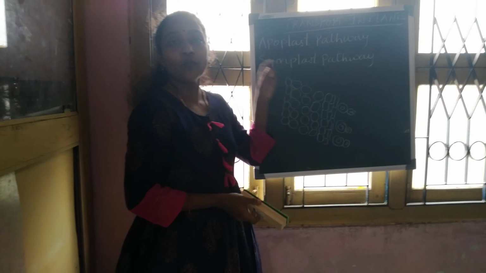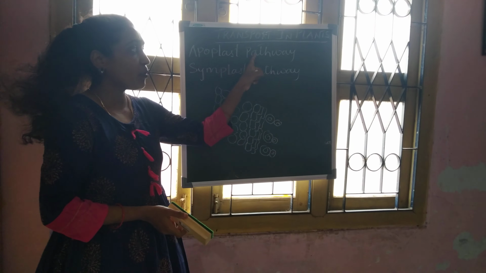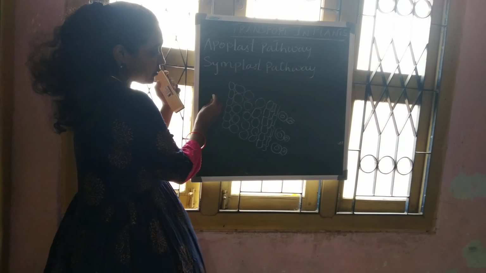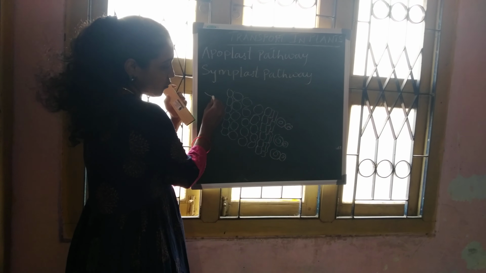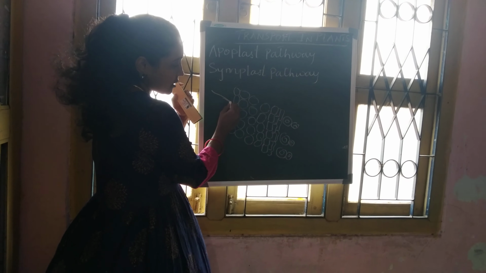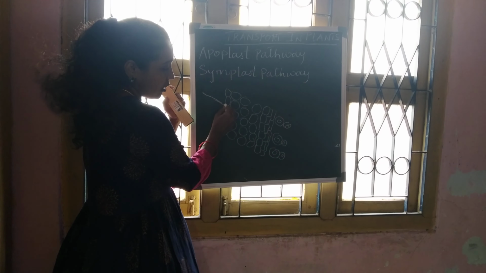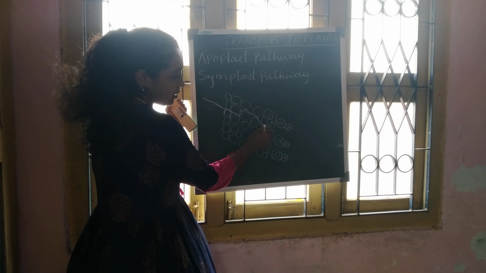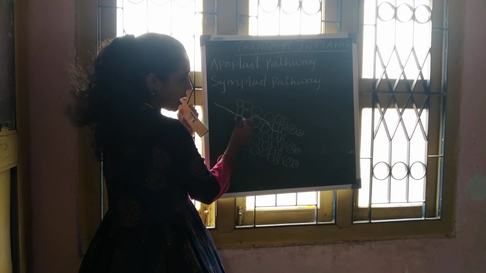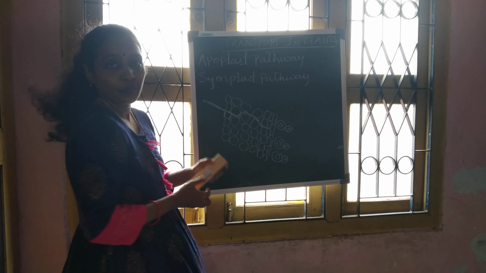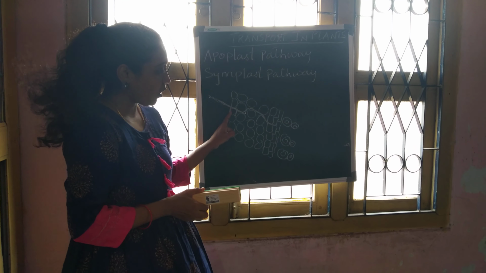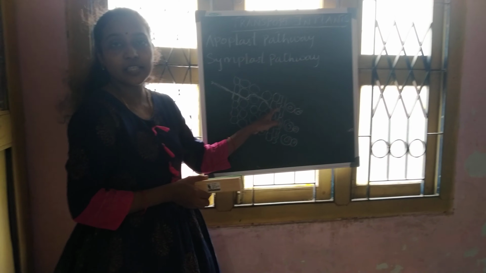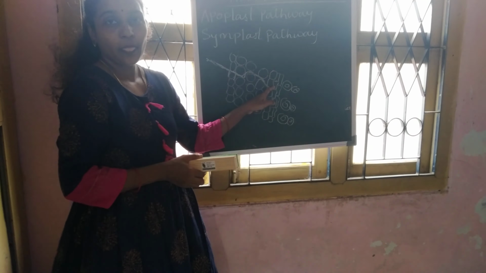The movement of water takes place in two pathways, apoplast pathway and symplast pathway. The movement of water along the cell walls through the intercellular spaces is called the apoplast pathway.